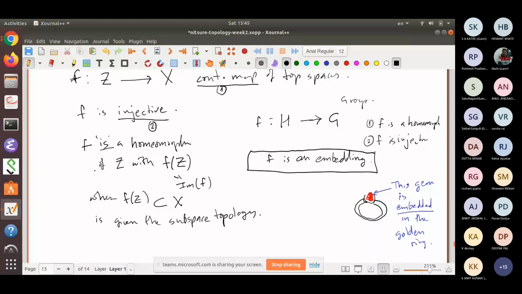So this is my property number 3. F is a homeomorphism of Z with Fz.